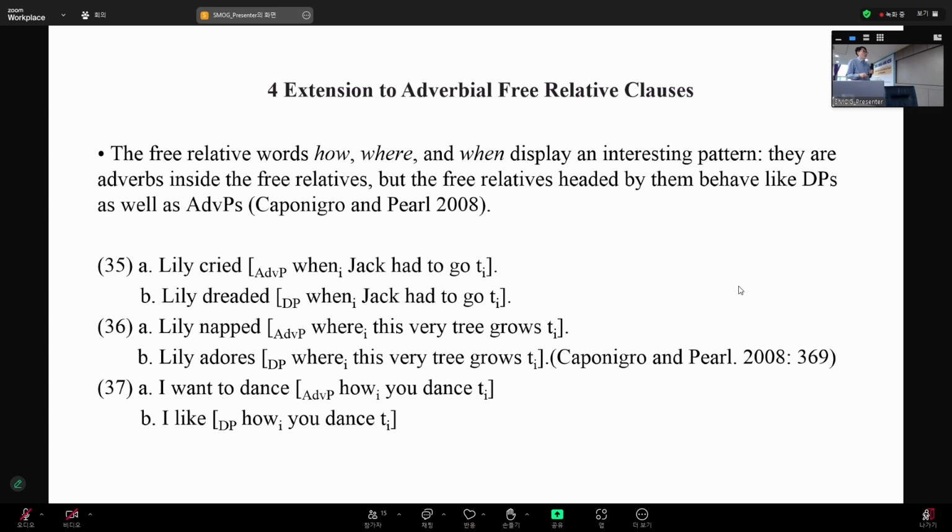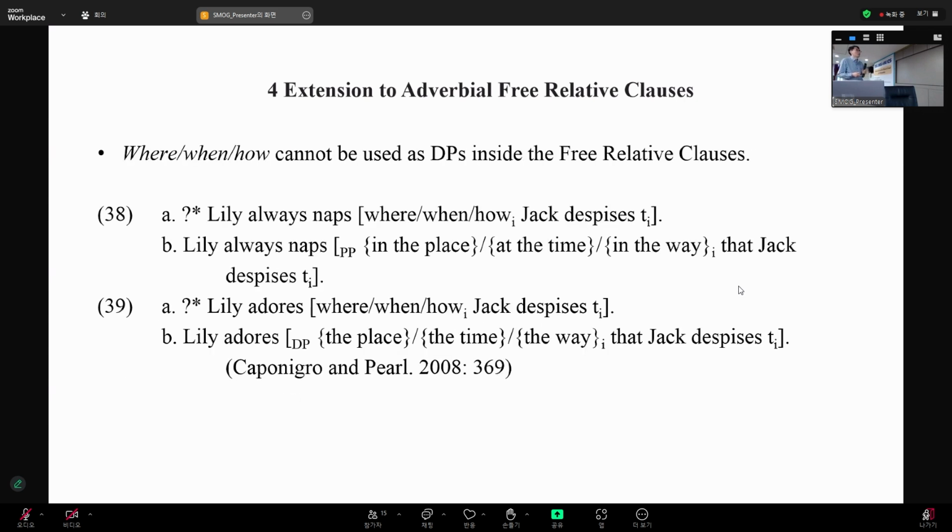So this is a problem. And the study shows that when, where, and how are adverbial phrases. Despite this, they require a DP complement. But where, when, and how cannot be DPs. That's why the study is not helpful. So we have to admit that where, when, and how are adverbial phrases.